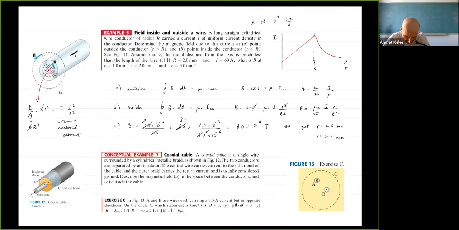So describe the magnetic field in the space between the conductors and outside the cable. The magnetic field inside only knows about this current. If you apply Ampere's law, it is not going to know anything about outside.